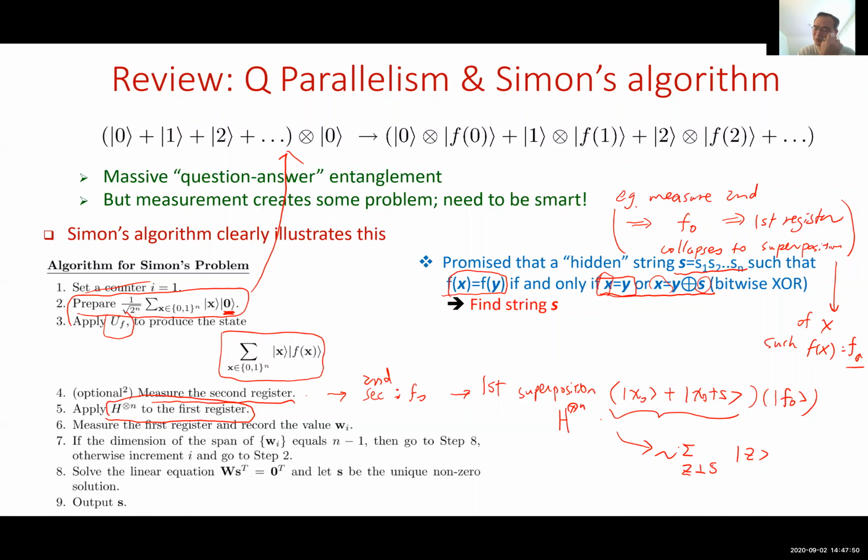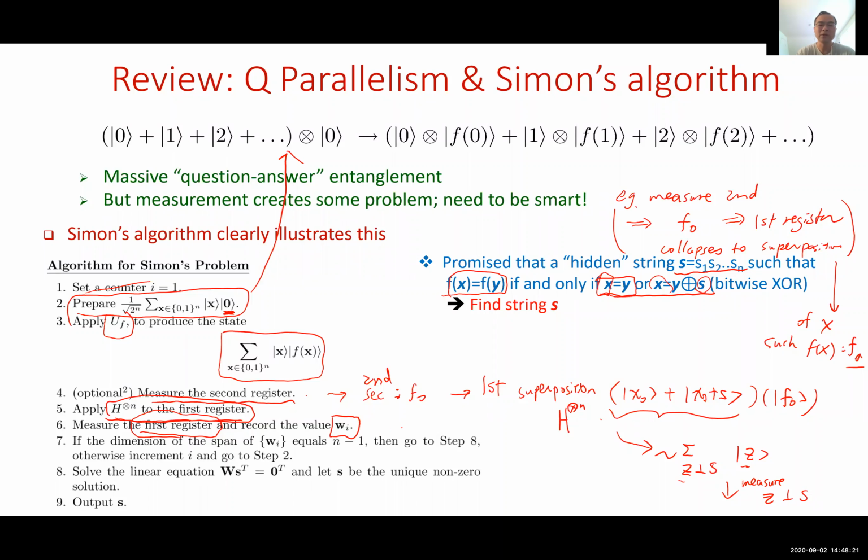You can go back to the previous slide and see the exact expression. After you perform the Hadamard gate and then measure the first register, you will get z that's orthogonal to S, denoted by w here.